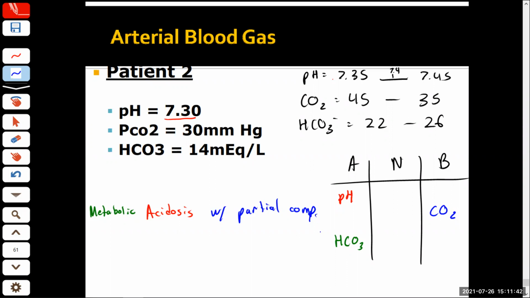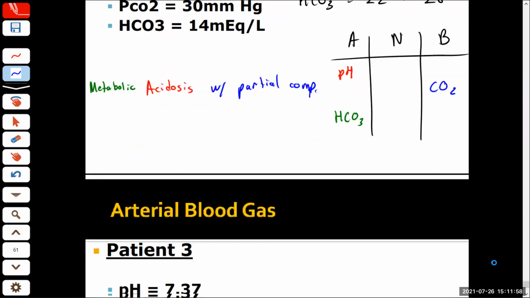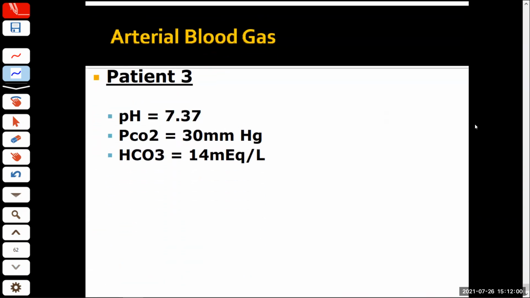If that was 7.35, then it would go in the end column. Great question. I'm just writing out the tension here. Okay, now the last one. Again, I'm just gonna write out the ranges. You guys don't need to worry about it if you don't want to.